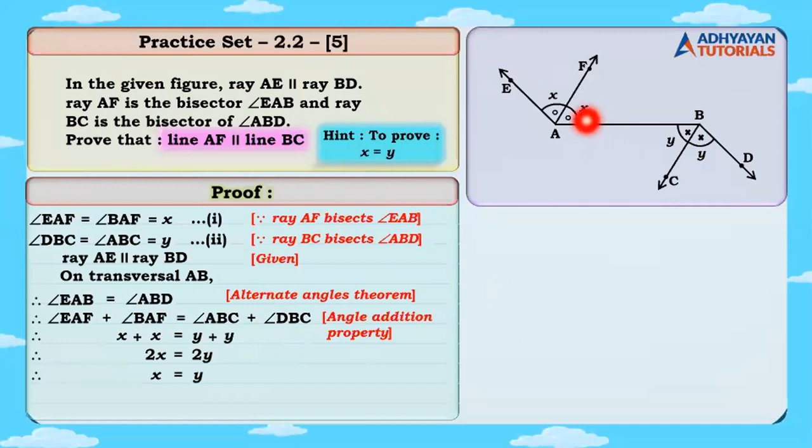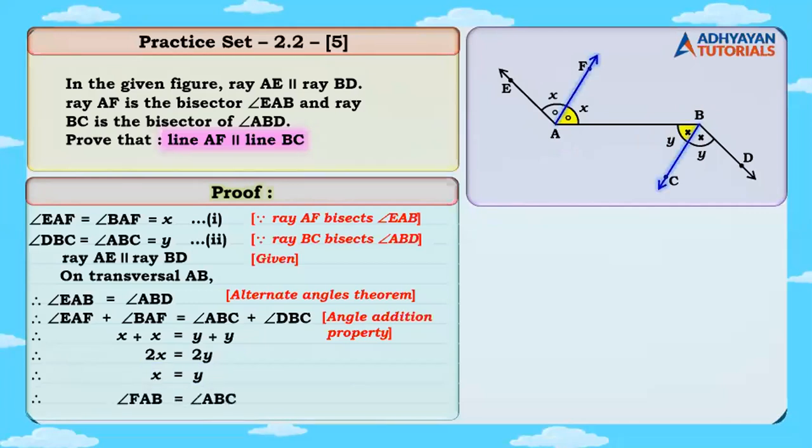But I hope everybody remembers, X means which angle do we need? Angle BAF. And Y means which angle do we need? Angle ABC. So that they form an alternate angle, right? Yes. So here I would write angle FAB is equal to angle ABC.